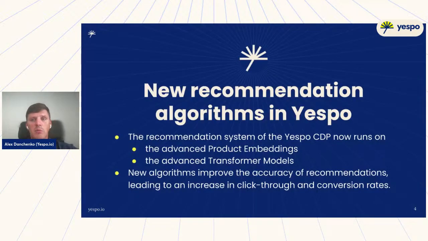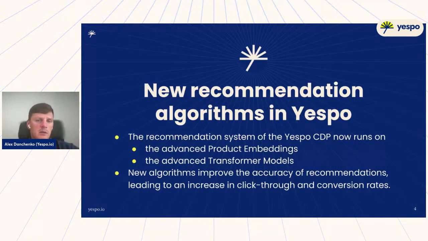Today we're going to speak about the new recommendation algorithms that were developed by our product team within Yespo to improve the way you as a business can communicate with your customers, and how you can utilize the most advanced features modern AI can offer. There are two main aspects of change that we bring into our recommendation algorithms, which have been on the market for more than 8 years.